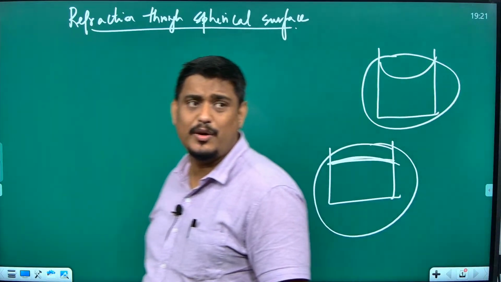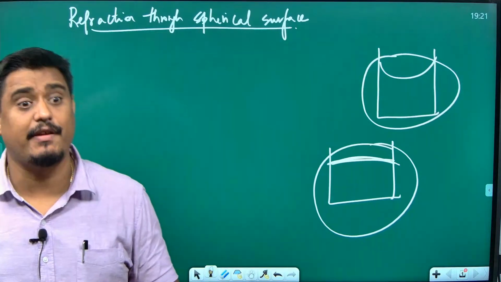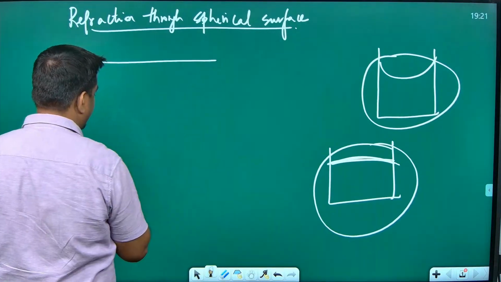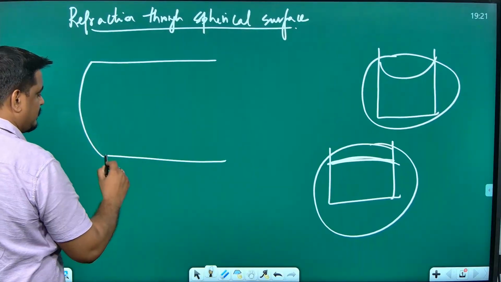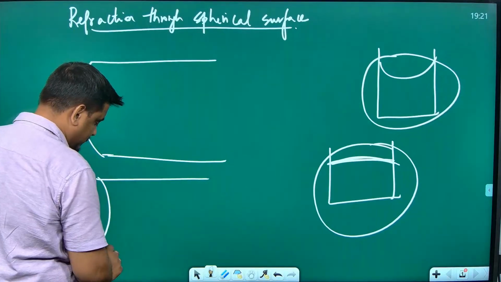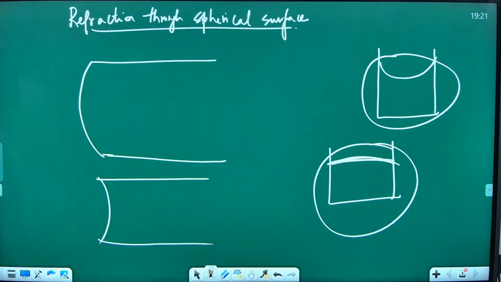So first of all, you understand the meaning of spherical surface, where you are going to use it. Spherical surface may look like this, or spherical surface may look like this. Give me a second.